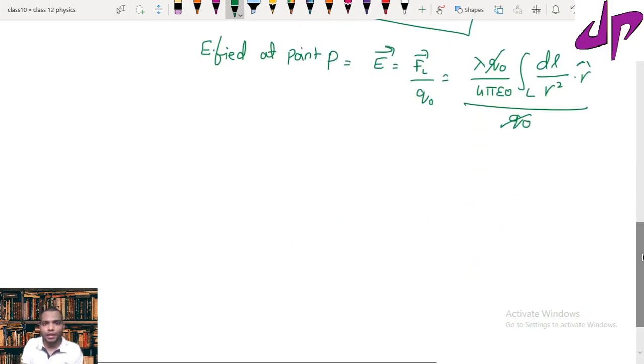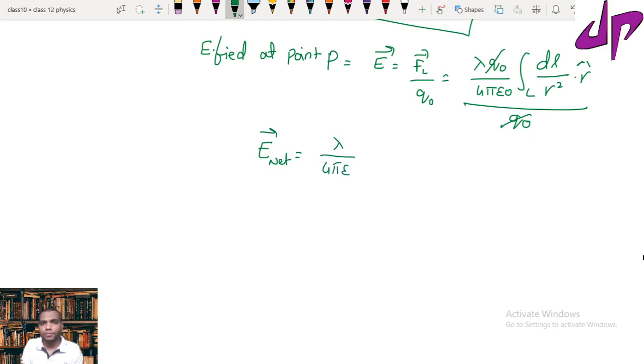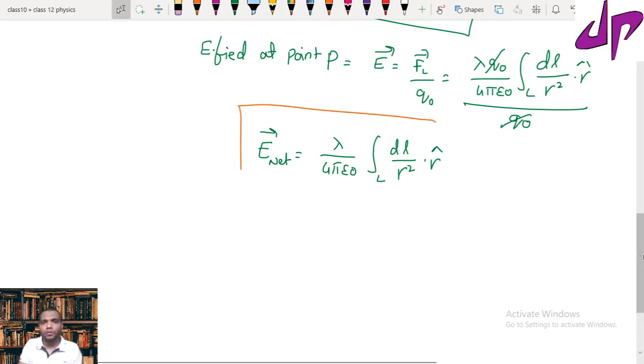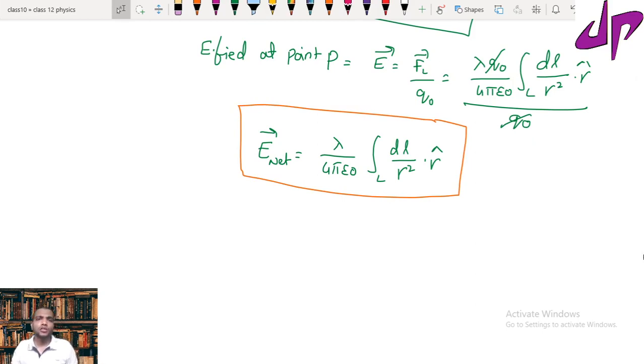Now we can write the electric field due to line charge distribution. The net electric field due to this line charge distribution is lambda by 4 pi epsilon naught, integral, it's a line integral, dl by r square times r roof. So this is the expression to find the electric field due to this line charge distribution at a given point.